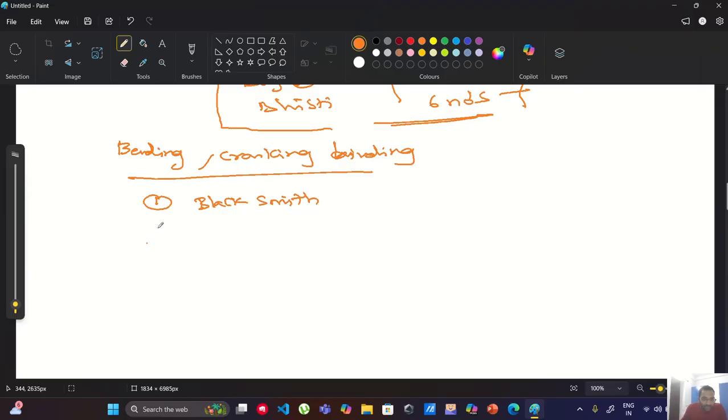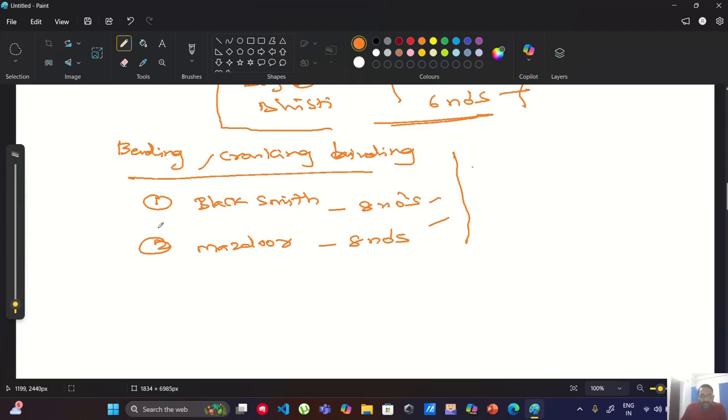And next, for helping the blacksmith, mazdoor will be required. So blacksmith, how many? 8 numbers will be required for this RCC work, and for this also 8 numbers required. Is this enough? So for bending and cranking or binding the wires, these 2 labors are required.